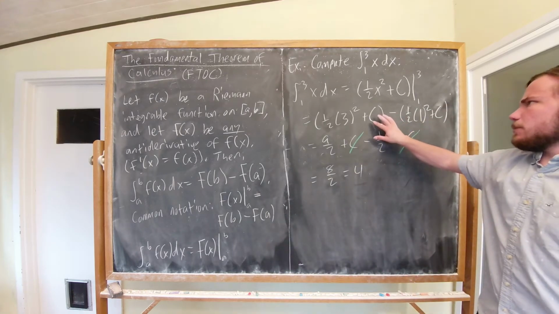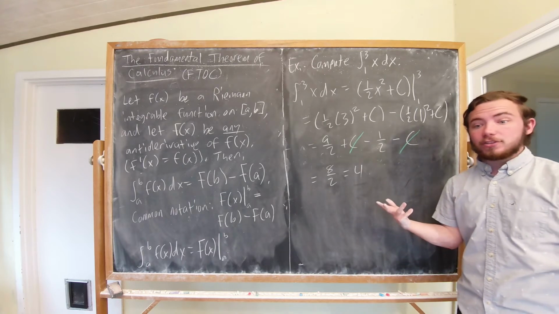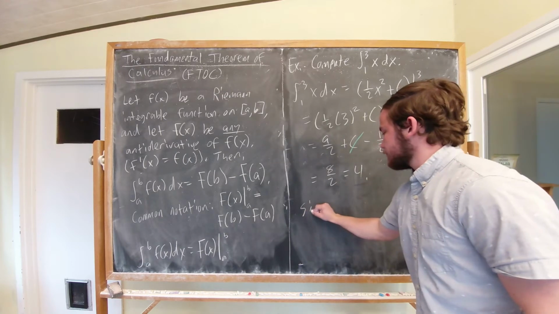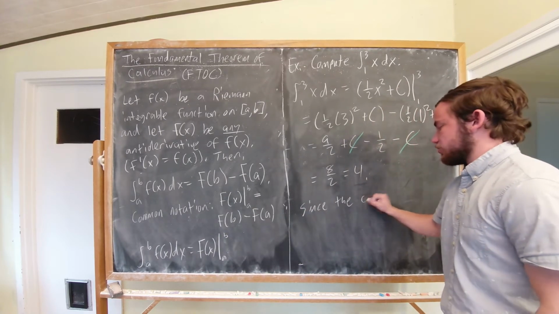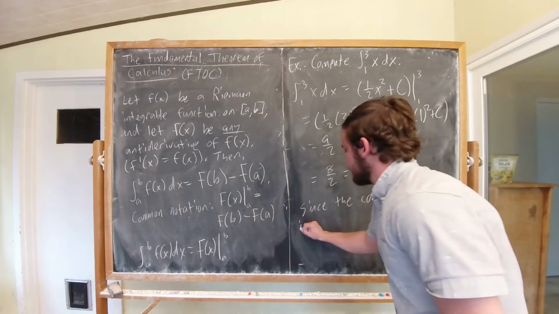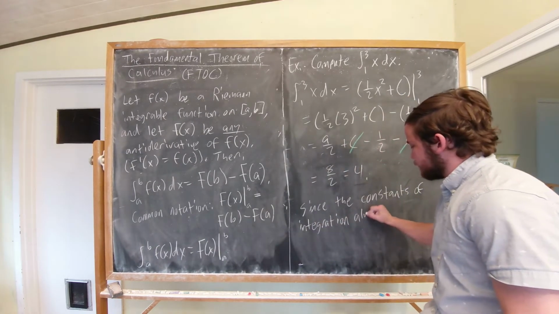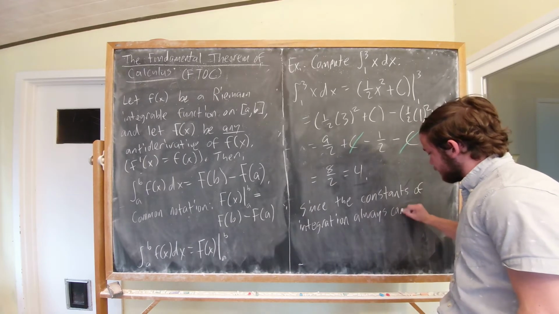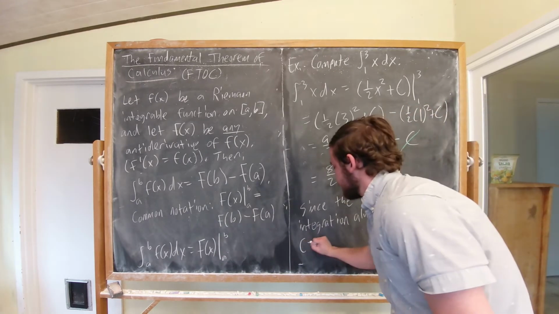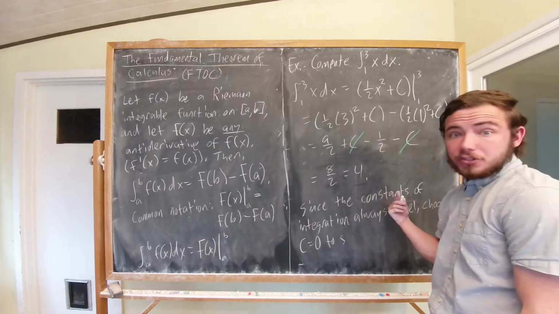And we'll notice that no matter what we chose c to be, these would cancel out with each other. So we might as well just always choose c equal to 0, to simplify computations, unless you're told not to for some other reason.